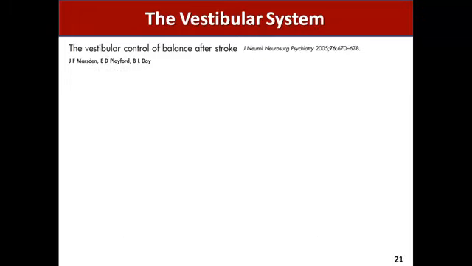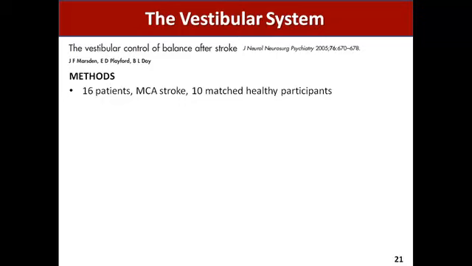And so this technique was used in this study examining the vestibular control of balance in a group of patients that experienced a middle cerebral artery stroke, which is one of the more common types of strokes that people experience. In this particular study, they sampled 16 patients and 10 age-matched healthy participants.